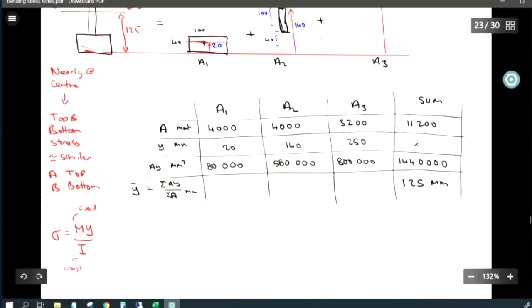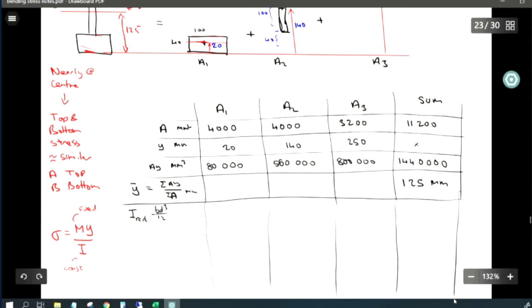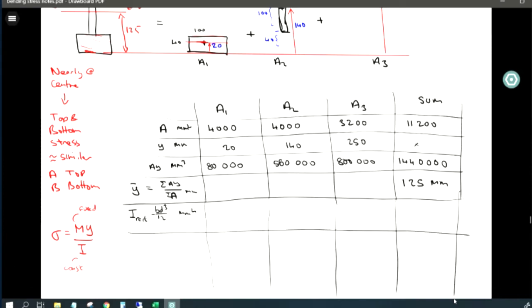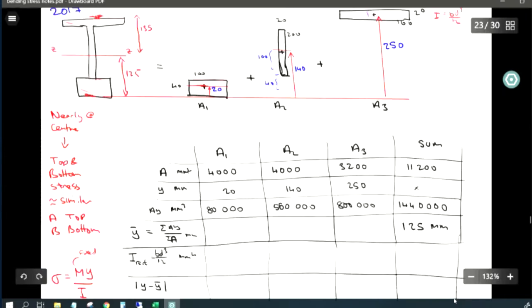So let's just extend the little table down. Okay, so we're going to need a few little values here. The first thing we're going to need is I of the rectangle, which is BD cubed over 12, and that's millimeters to the fourth. Then we're going to need the distance from the centroid to the center of the section.